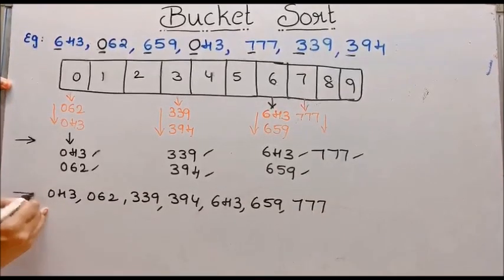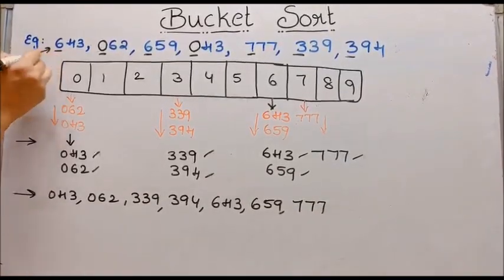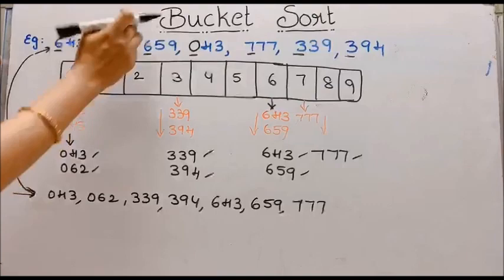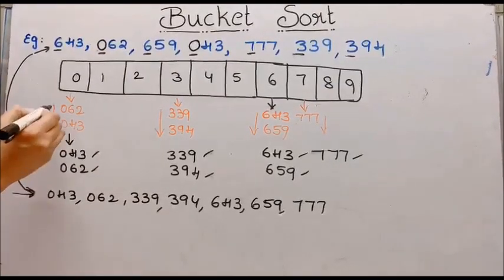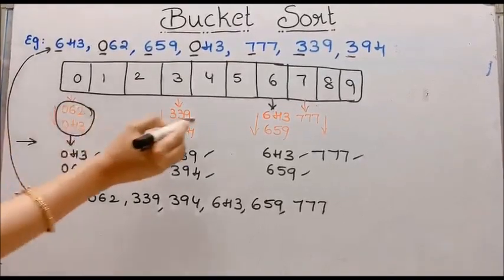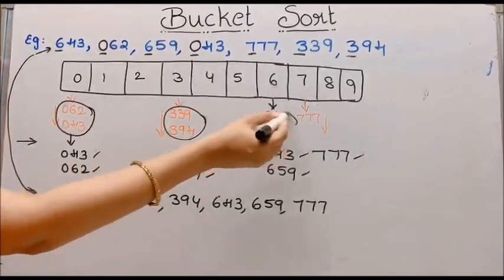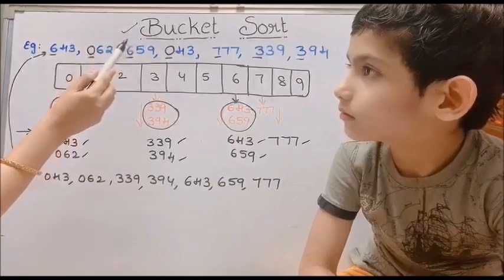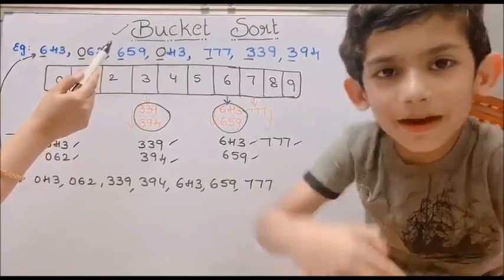If you observe, all the numbers in the given input array are sorted using the concept of bucket sort. Here we are using a different sorting algorithm to sort the numbers stored inside different buckets. These are the two ways in which we can implement bucket sort.